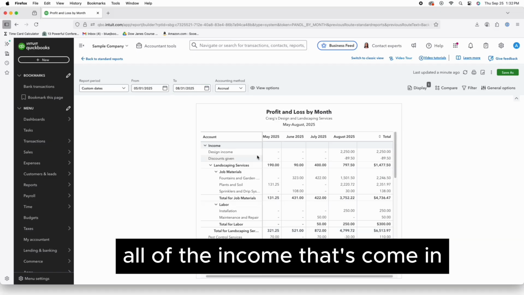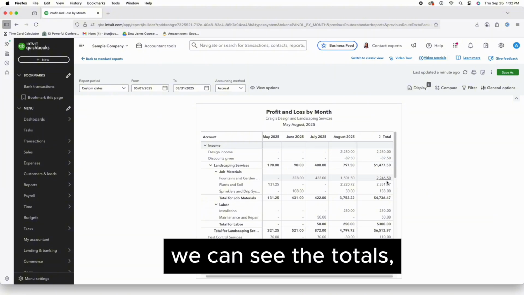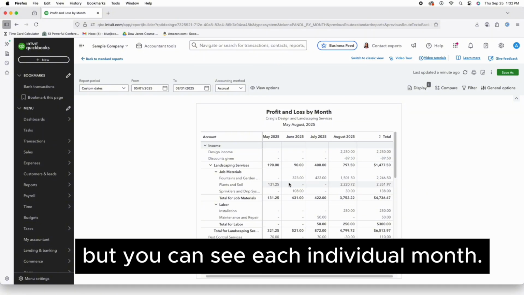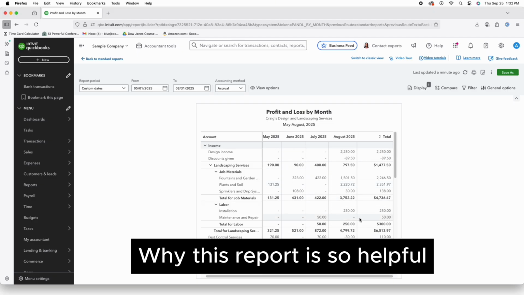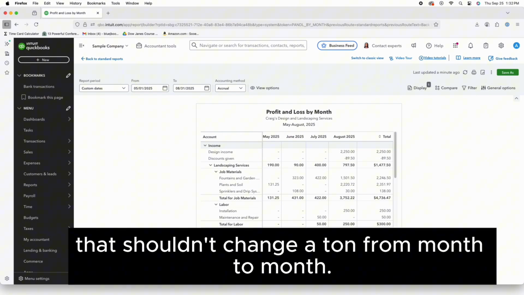We see all of the income that's come in, all of the expenses that have gone out, month by month. On the right hand side here, we can see the totals, but you can see each individual month. Why this report is so helpful is because it helps you compare things that shouldn't change a ton from month to month.